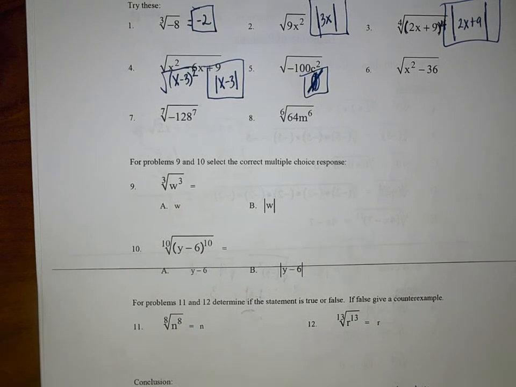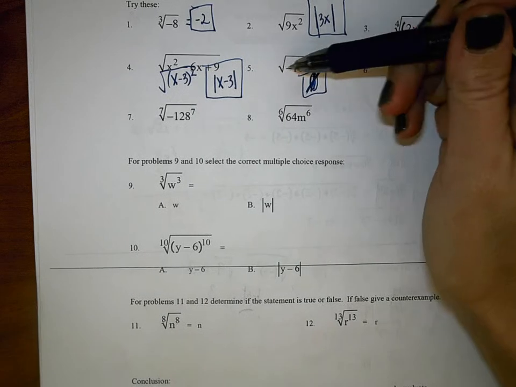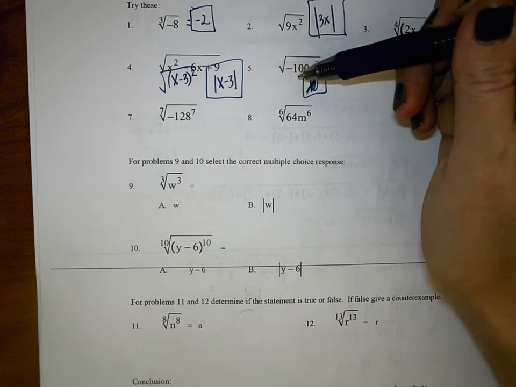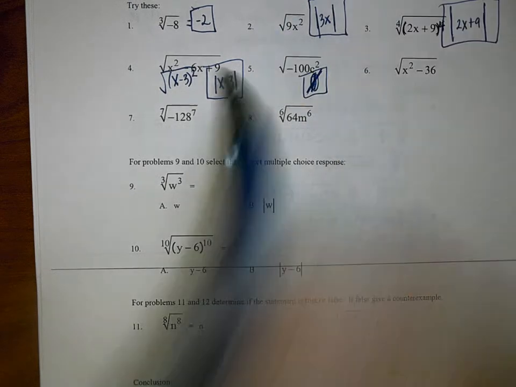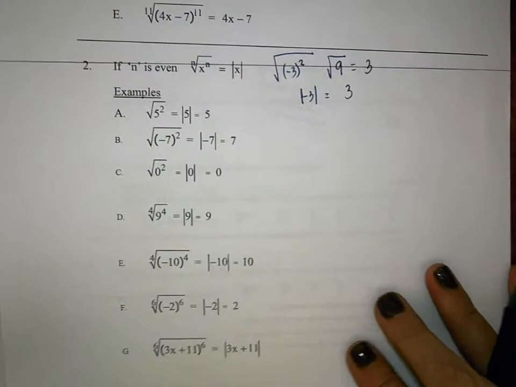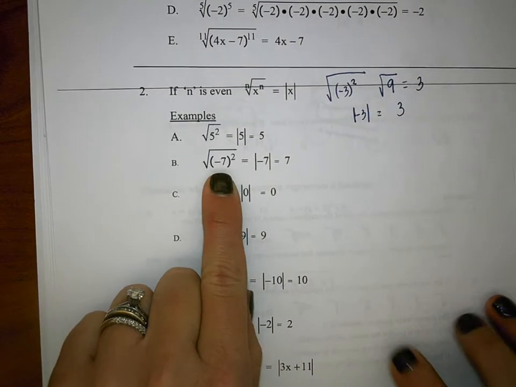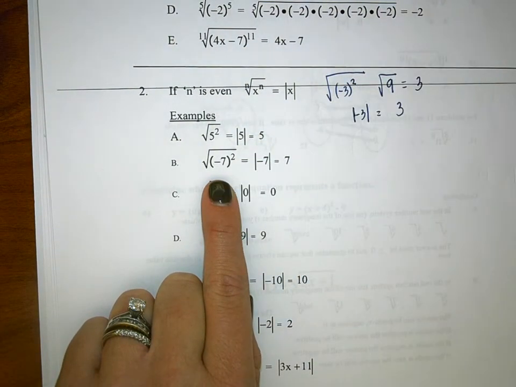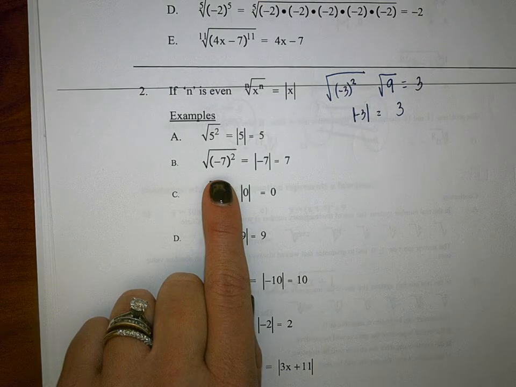Okay, who thinks that they can explain why it's no solution? Okay, Sydney. If you have a square root and you have a negative here, if it's an even root, this negative comes out as an i. Now, in our other examples, when we had an even root with a negative, the negative is in parentheses and the negative is being squared, and 2 negatives end up making a positive.